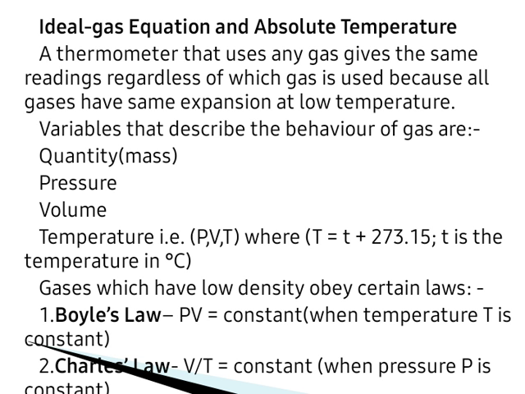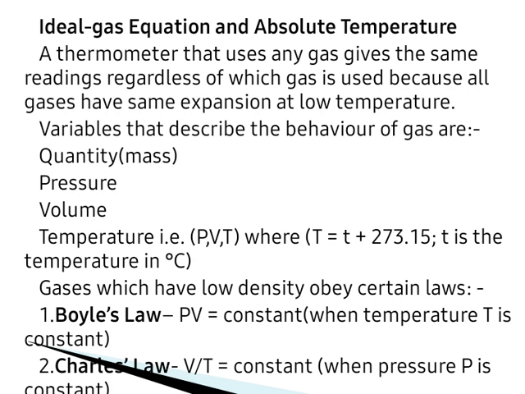Gases which have low density obey certain laws. What are these laws? They are first one Boyle's law and second one Charles' law. According to Boyle's law, PV is equal to a constant when T is a constant.